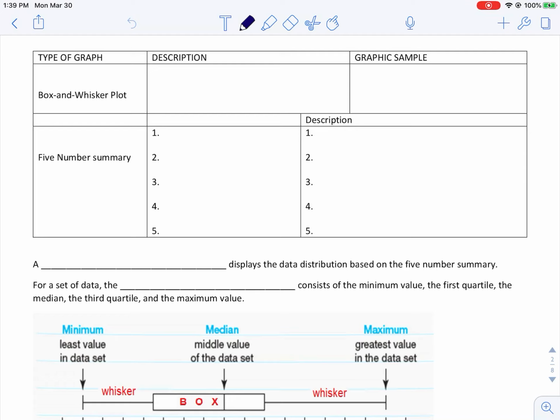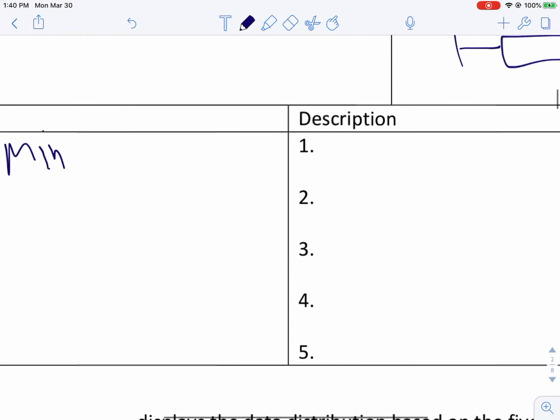So we have our 5-number summary. The graphic example of box and whisker is gonna look something like this. The 5-number summary, you're gonna have your minimum. So we'll just call it minimum. That is your smallest number.